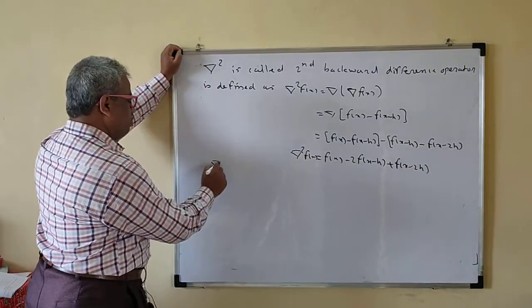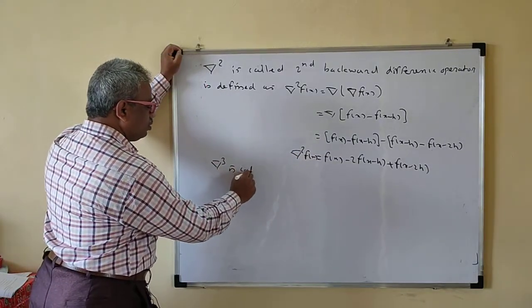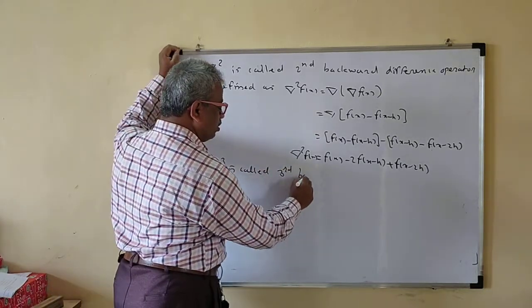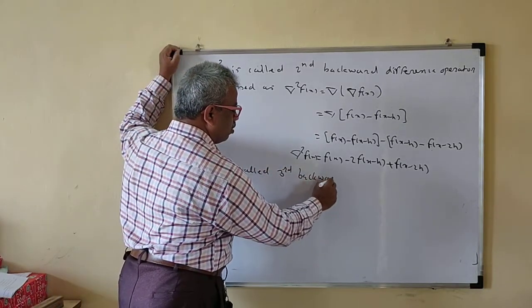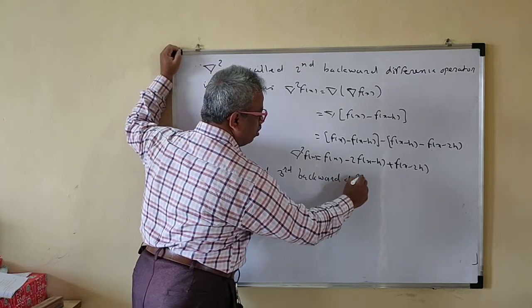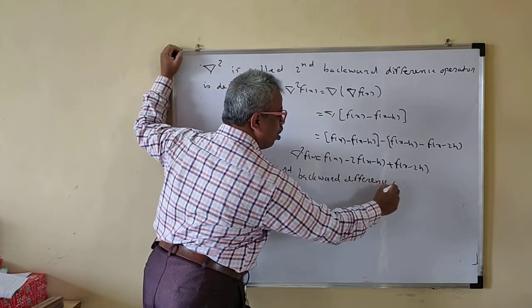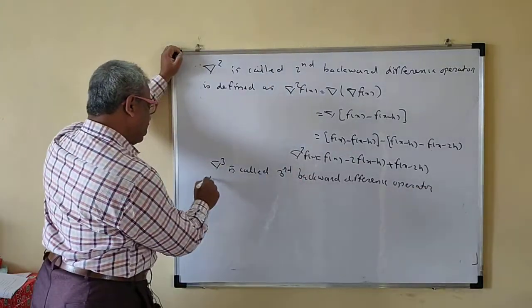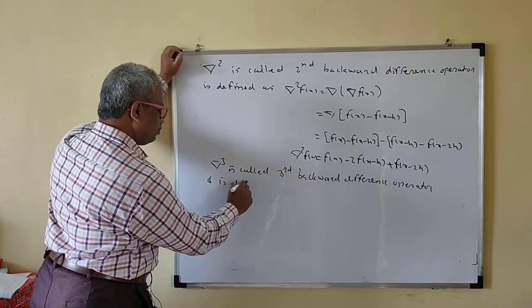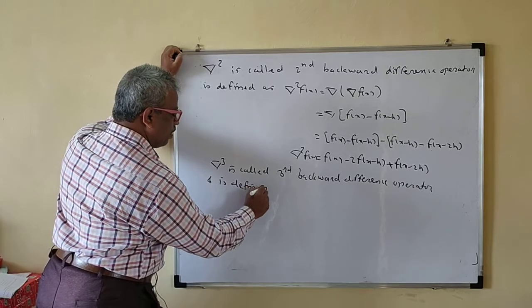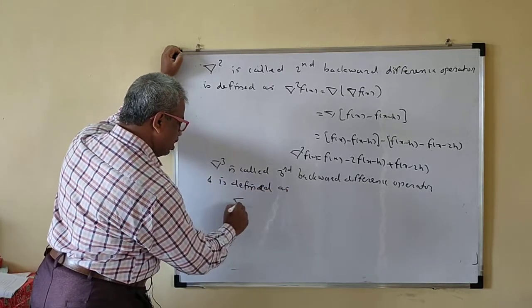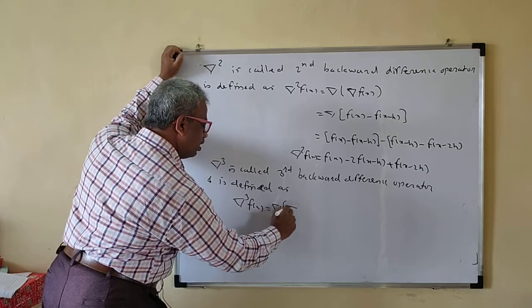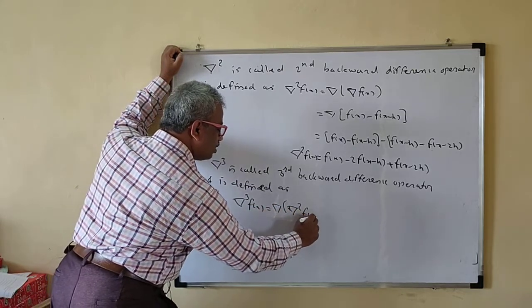Then nabla cube is called the third backward difference operator, and is defined as nabla cube f of x equals nabla of nabla square f of x.